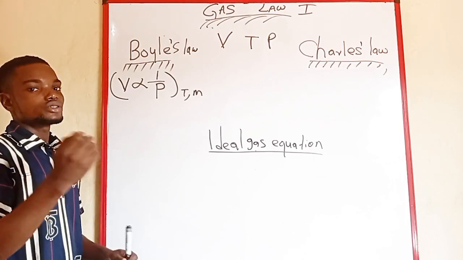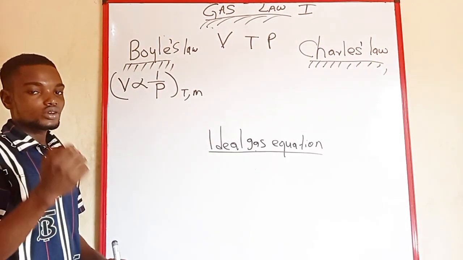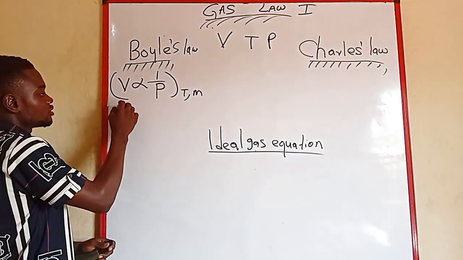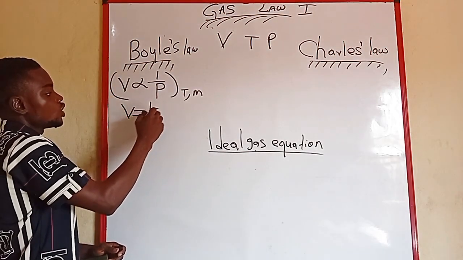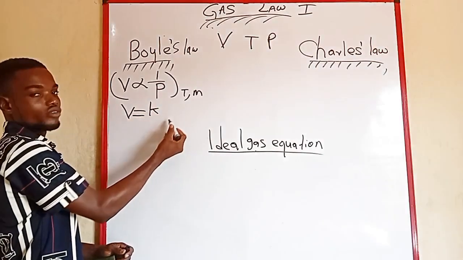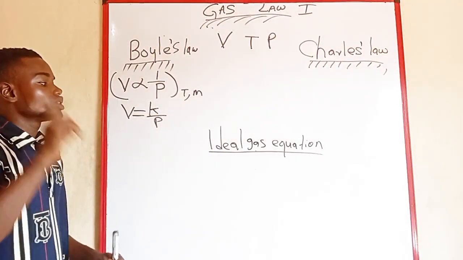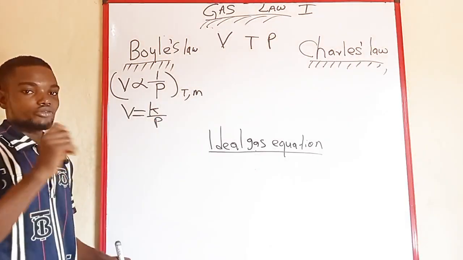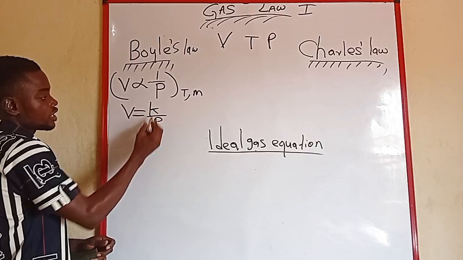All right, so as to work further, we are going to remove this proportionality sign and put a constant. Putting a constant, we're going to have that V is equal to K multiplied by 1 over P, which gives us K over P. Now we try to make the constant the subject of the formula, so that for every given gas we have K as the subject.